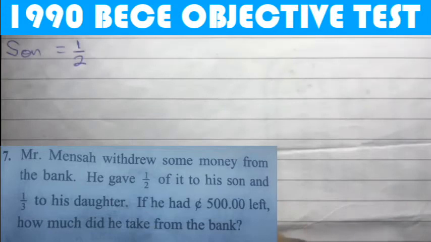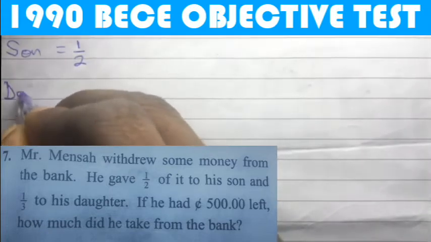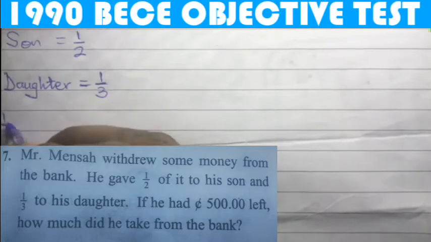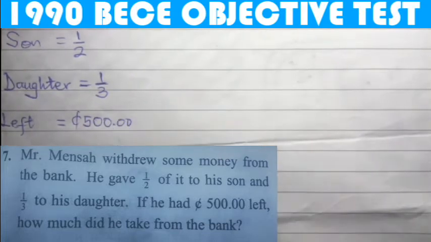And then we have the man giving the daughter 1 out of 3 of the same amount of money. And then when the man was done, he had 500 cedis left. So the amount of money left is 500 cedis.